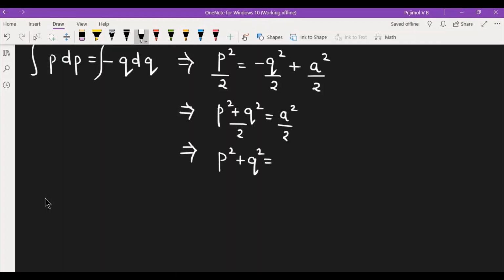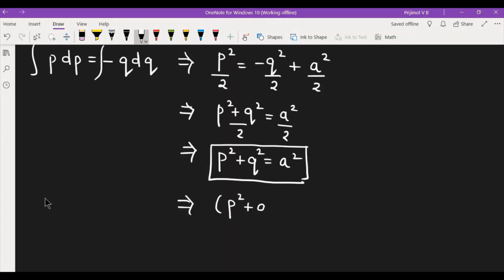Actually we had to find p and q in terms of x, y, z, but still we have got a relation. Now we have to use this relation to solve for p and q. Now consider our question: (p square plus q square) y is qz. This was our question. It is given.